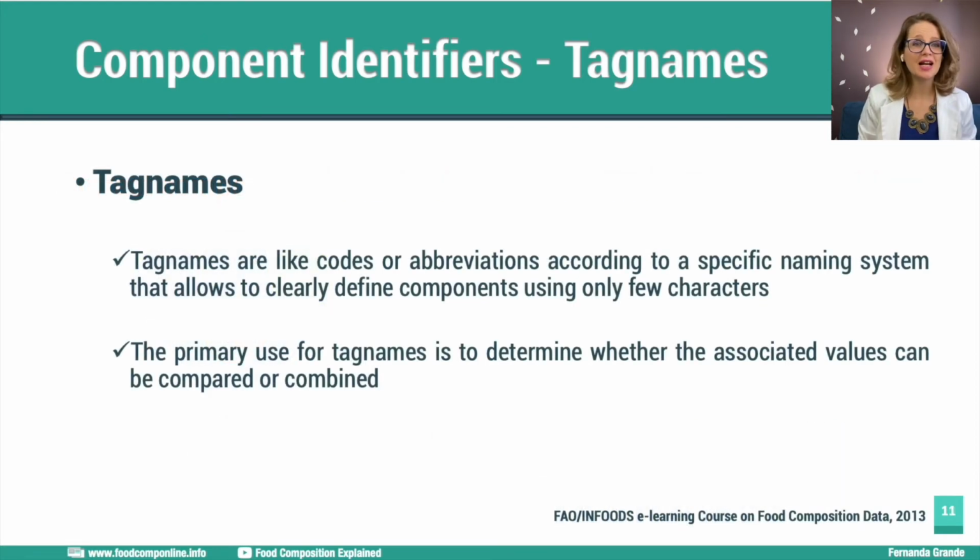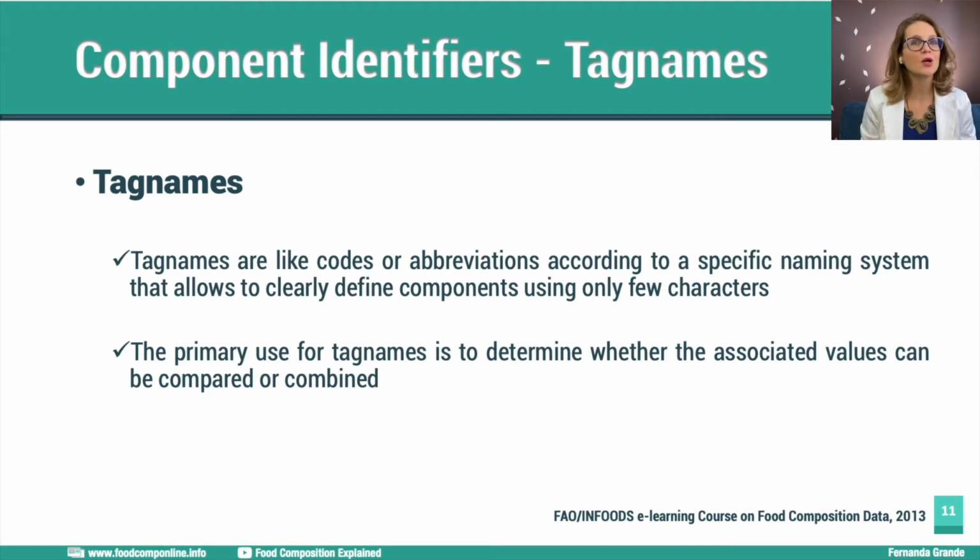The tag names are like codes or abbreviations created according to a specific naming system that allows components to be clearly defined using only a few characters. So it's much easier for the users if they see that different food composition tables use the same tag name for the component.